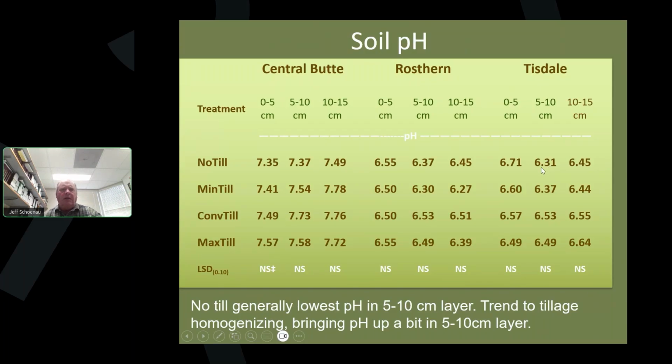But what we see here is with the tillage operation, we do see some homogenization of that pH, and that pH coming up in that 5 to 10 centimeter layer with the tillage, coming up slightly, not a big effect, but there is a trend towards that tillage then smoothing out those differences that we see among the different depths, and bringing that pH up a little bit in that 5 to 10 centimeter layer.